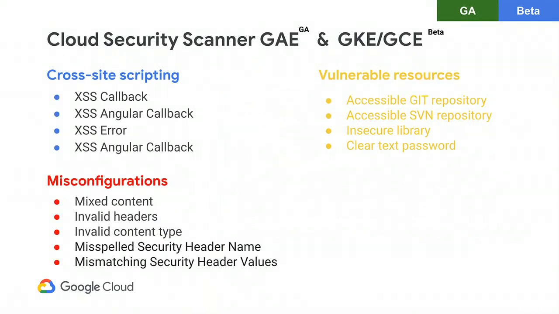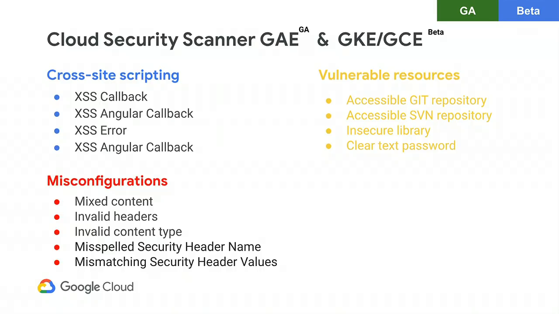Amongst the things that it detects are a whole variety of cross-site scripting types, misconfigurations in the actual content being exchanged in HTTP, HTTPS, and vulnerable resources, right? The accessibility of Git repositories, of SVN, insecure libraries used, clear text password in the underlying application level.